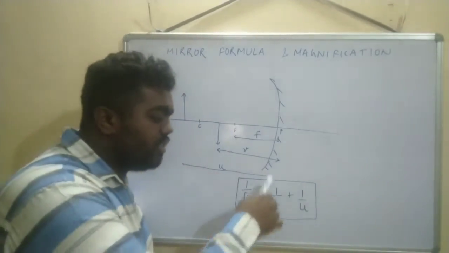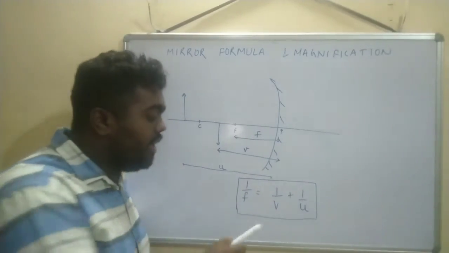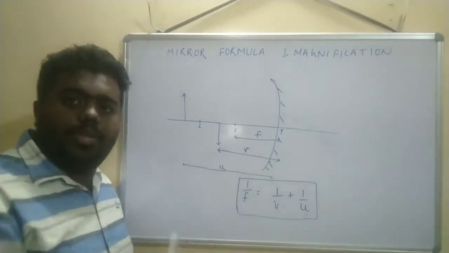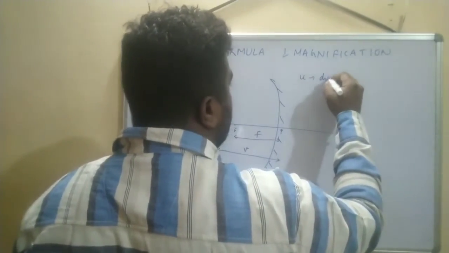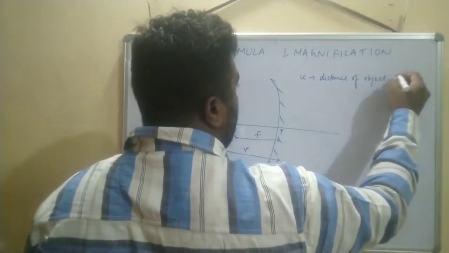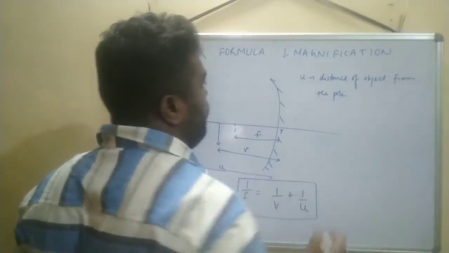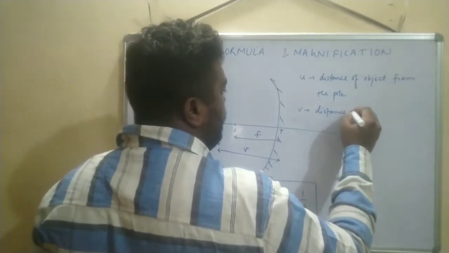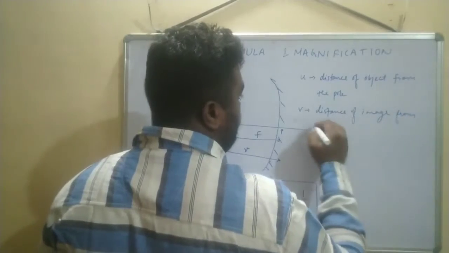1 upon focal length is equal to 1 upon distance of image from the pole plus 1 upon distance of the object from the pole. Write this thing: u denotes distance of object from the pole, and v denotes distance of image from the pole.